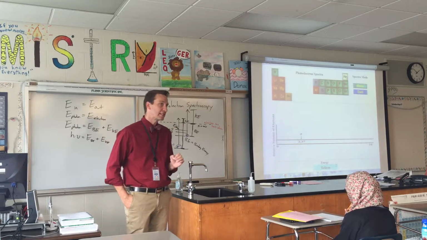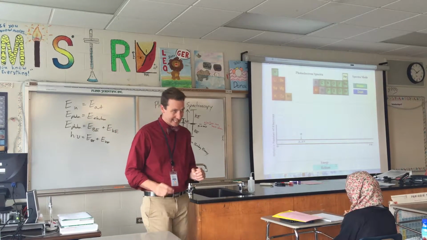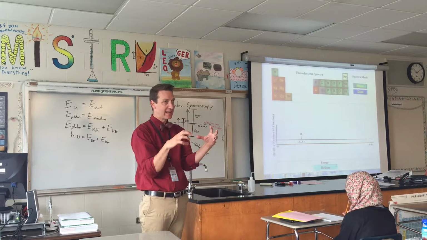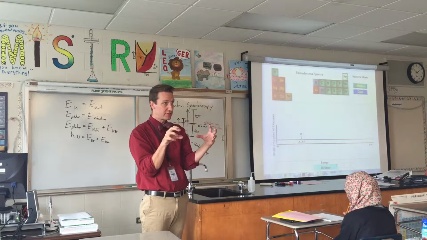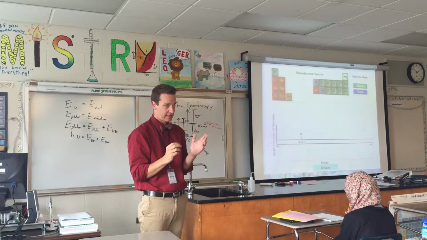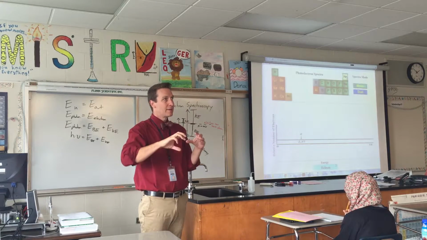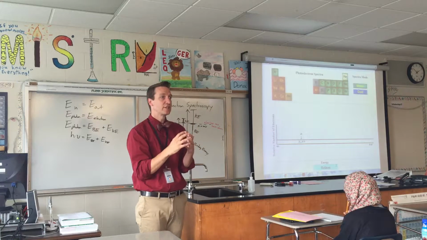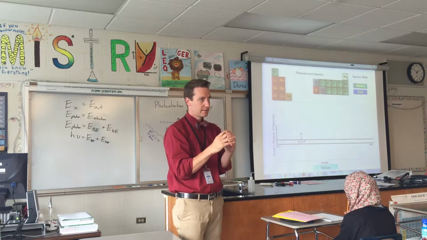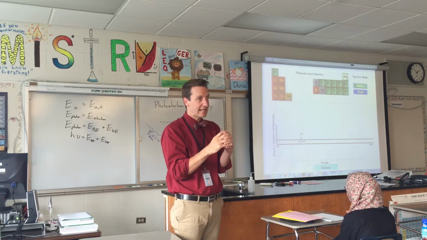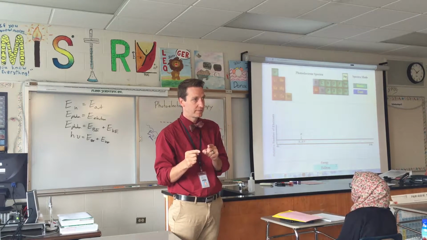Because of the way electrons are removed when we're measuring ionization energy, remember I said you have to put the gas into some sort of tube and you turn up the voltage, you send electrons through that tube until electrons get knocked off of the atoms. You turn up the voltage till you get one electron removed and then you're left with helium plus. To remove the second electron in helium plus is actually harder than to remove the first one.